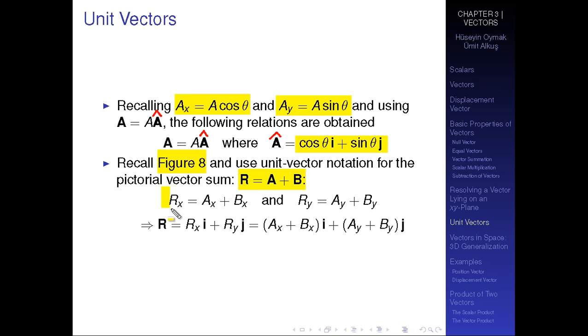Therefore, we have Rx equals Ax plus Bx and Ry equals Ay plus By. In other words, R equals Rx I hat plus Ry J hat, or Ax plus Bx times I plus Ay plus By times J.